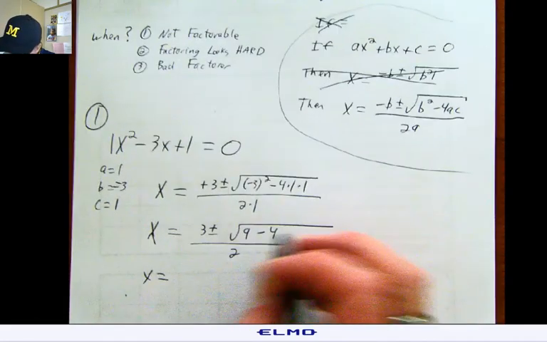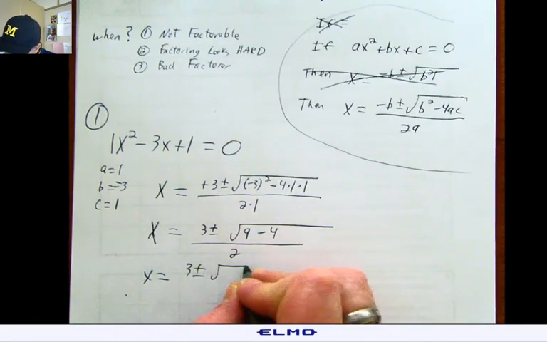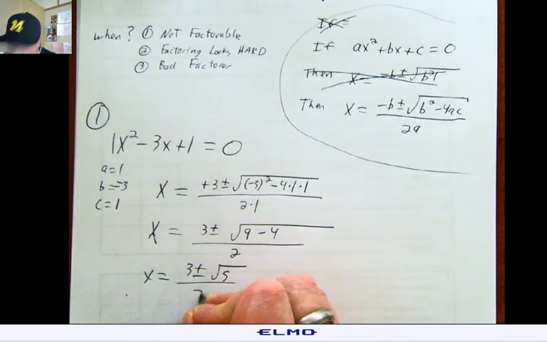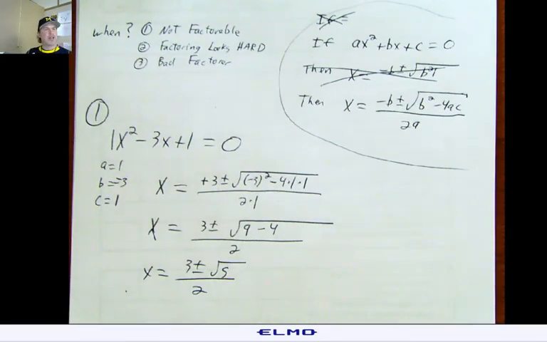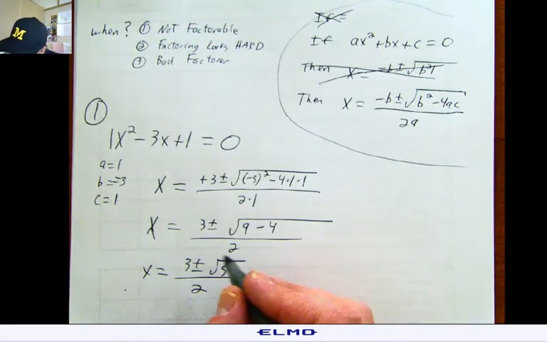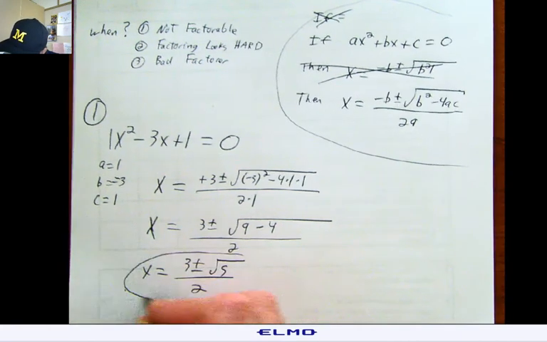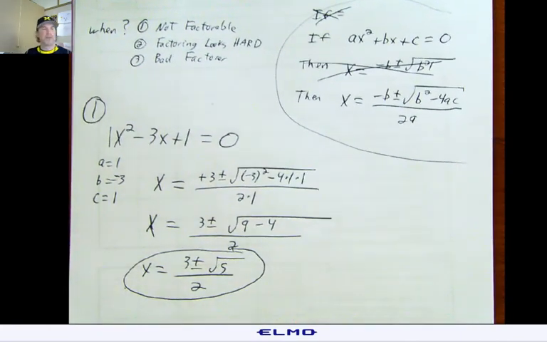My next step, I get 3 plus or minus the square root of 5 all over 2. I don't know the square root of 5, and it can't get simplified, so this is actually my final answer. So that is quadratic formula when the problem's not factorable.